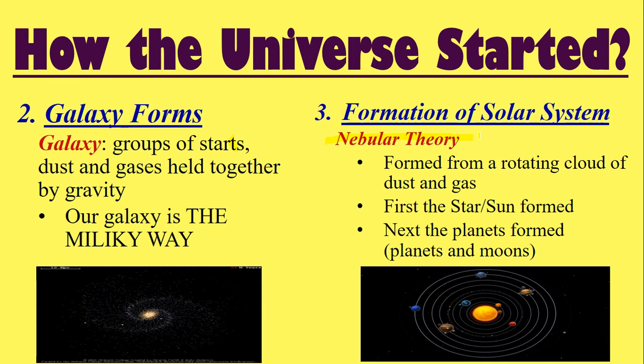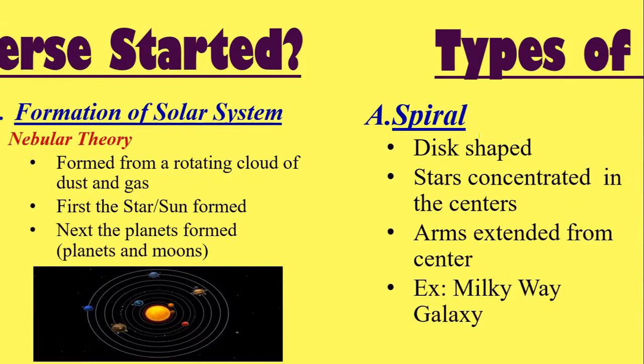Next, the planets formed. Particles started to come together and around the planet. Some were moons. We also have some leftover stuff like the asteroids and the comets and the meteors and all this other stuff. And they just started circling around the star, or for us, the sun.